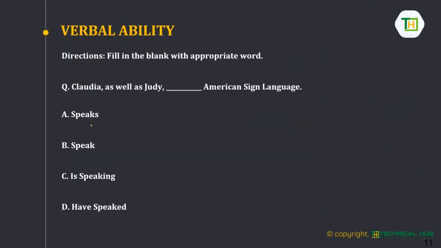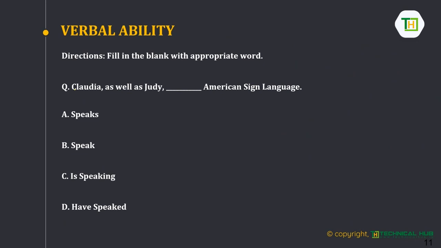So, verbal ability. Fill in the blank with the appropriate word. Claudia as well as Judy dash American sign language. So let us see. Usually people don't get confused with using these singular or plural words. But when they have double subjects, there you are caught.